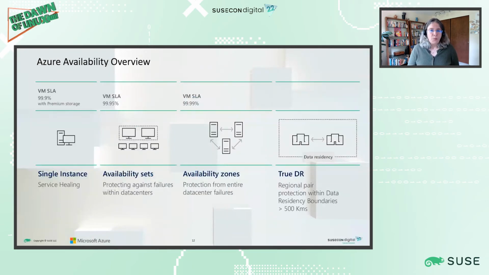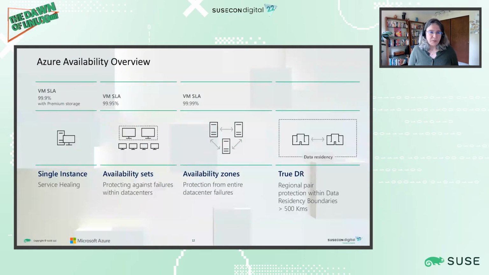Now, when we also talk about SAP reference architectures on Azure, it would be important to be familiar with several constructs which are highly frequently utilized with SAP reference architectures. The first one, let's talk about when you deploy a virtual machine or your compute as a single instance.